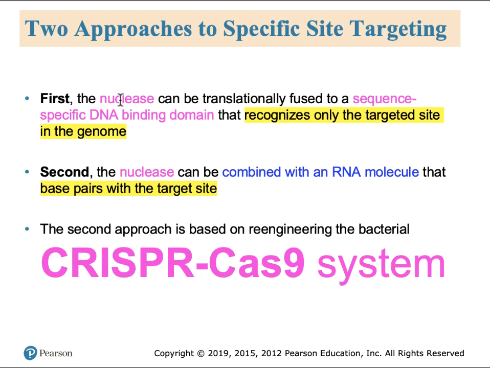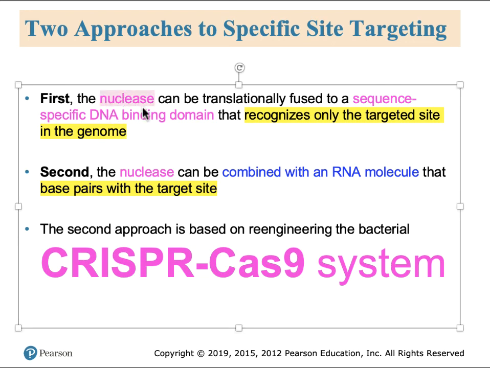The first uses an old system, where a protein nuclease can be tethered to a DNA-specific sequence, and that then has to recognize a binding domain on the DNA that it then cuts. However, this is now being overtaken massively by the second mechanism, that of using a nuclease that uses an RNA molecule to target a site on the DNA.